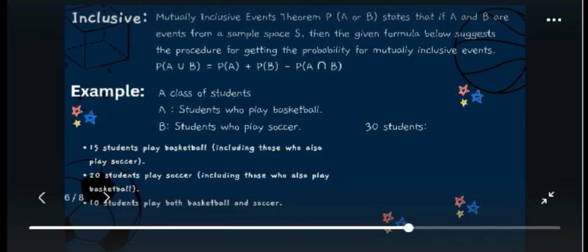Now let's say in the class of 30 students, 15 students play basketball, including those who play soccer, 20 students play soccer, including those who also play basketball, and 10 students play both basketball and soccer.